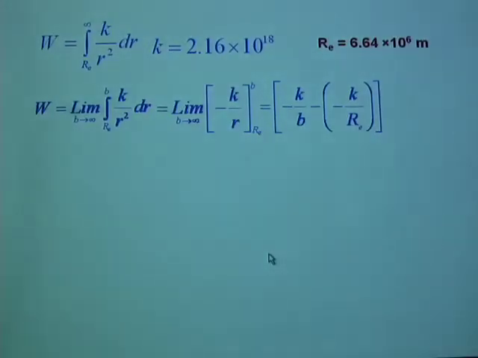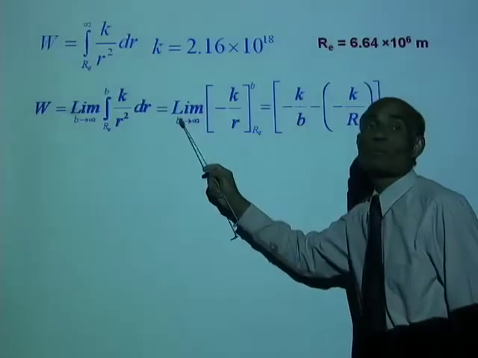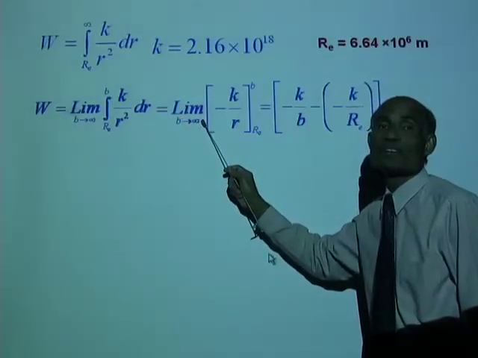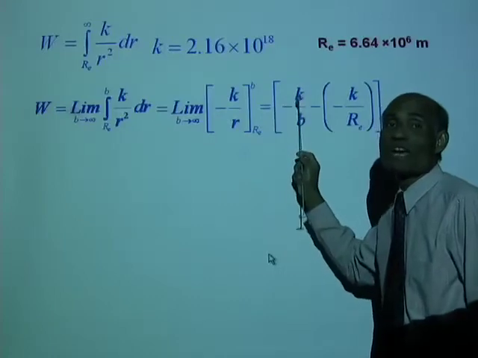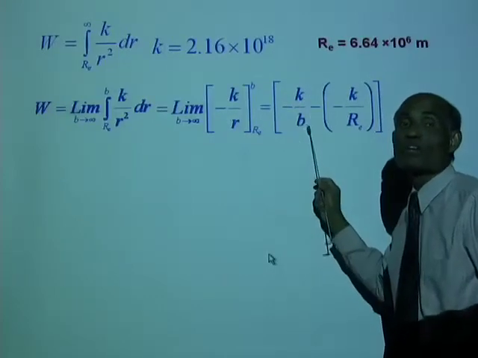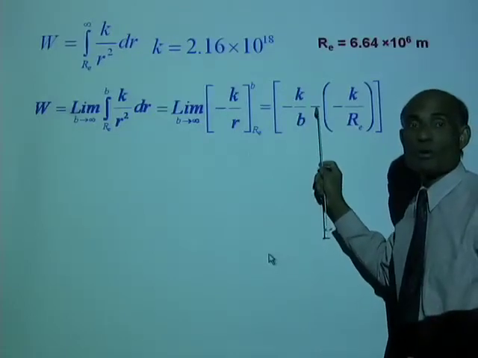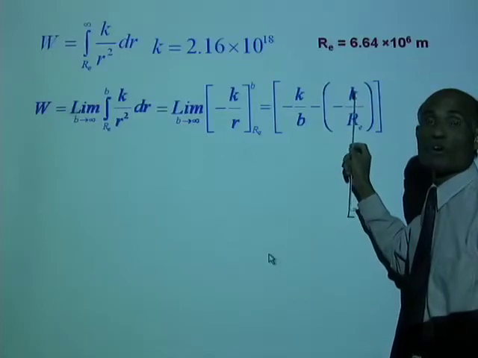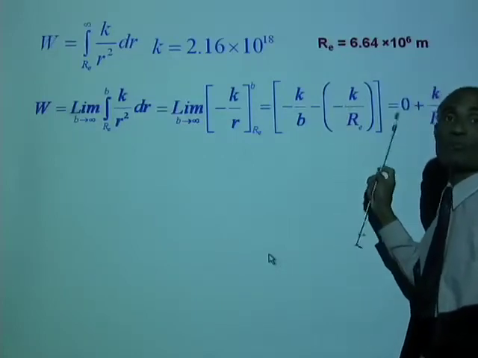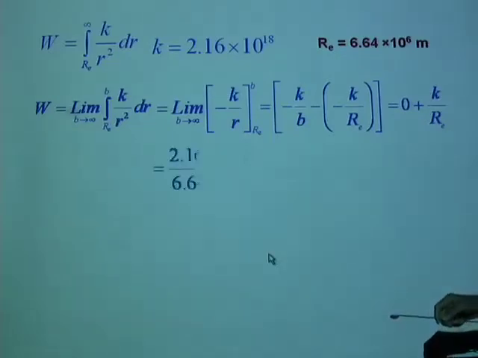That's right. Now tell me, what is the value of K over b when b goes to infinity? In the limit when b goes to infinity, K over b is 0. Any number divided by infinity is 0. So this will be 0, and minus becomes positive. So this will be 0 plus K over RE.